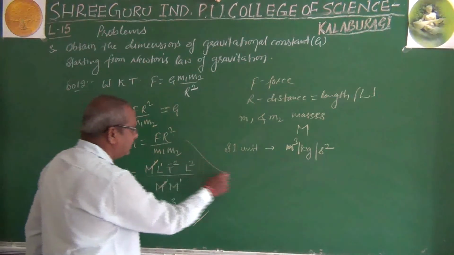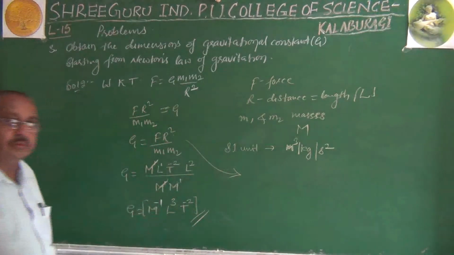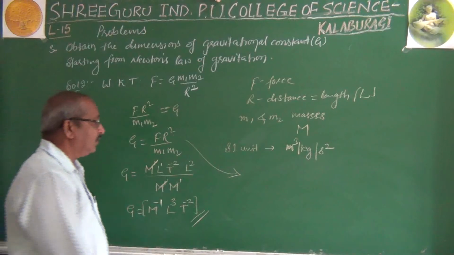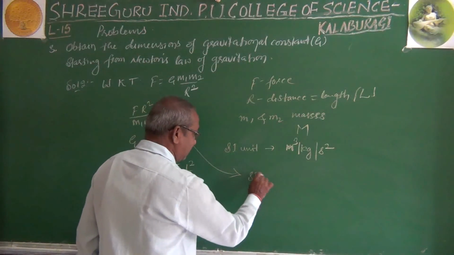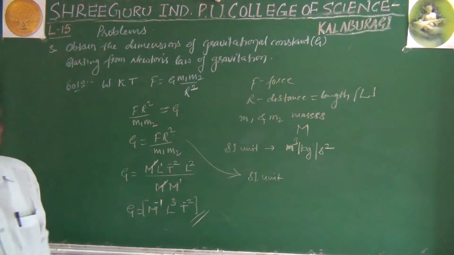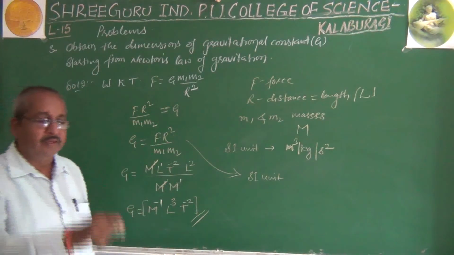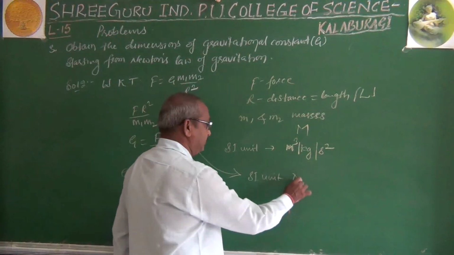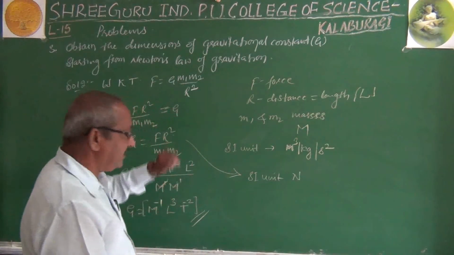Otherwise you can also write it by using this. By knowing this also we can write it, and this also we will call an SI unit. Here F is nothing but force, and as I gave you, the unit of force in the SI system is Newton. And R is the length.